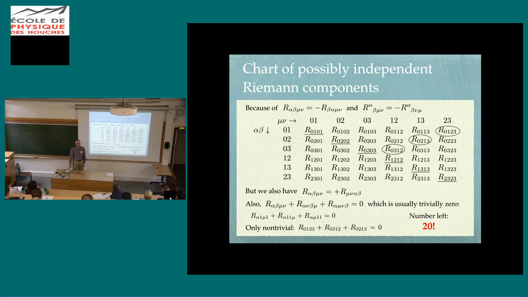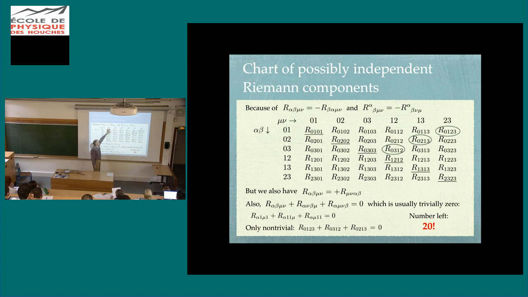It's zero, because the only number that's negative itself is zero. So if this index is the same as this index, maybe both are r or something like that, it's got to be negative itself, which means it's zero. So a lot of terms are zero. And the order doesn't matter even if they're different, because if I switch the order, I get the same thing with a minus sign. So those are not going to be independent.